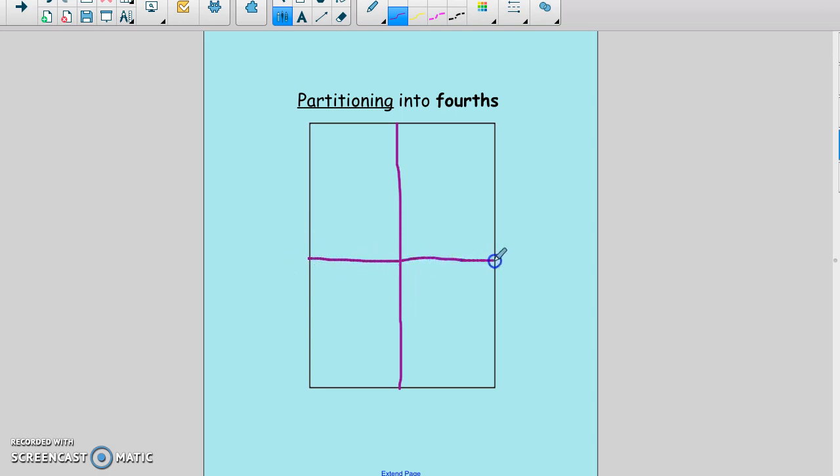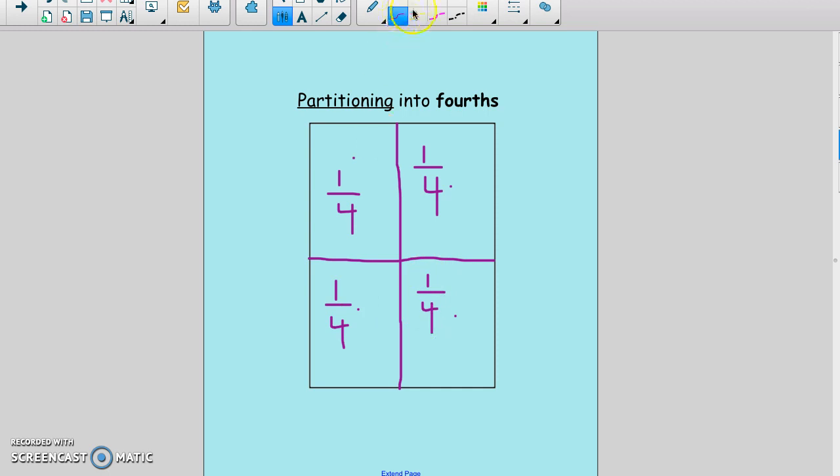And now I have created 4 parts. 1, 2, 3, 4. And I can name each of those 1/4. 1/4 here, 1/4 here, 1/4 here, and finally 1/4 over here.